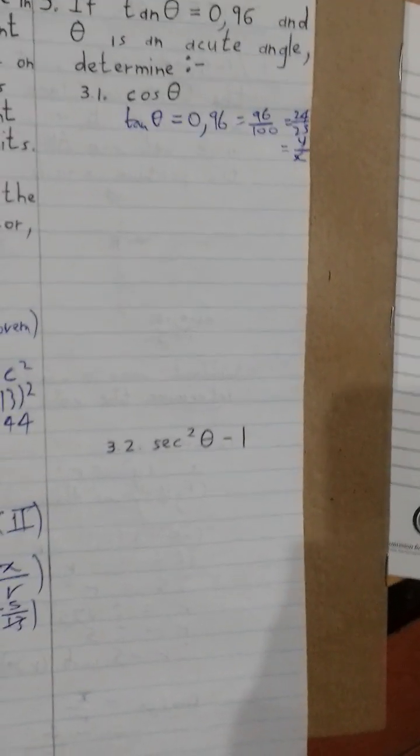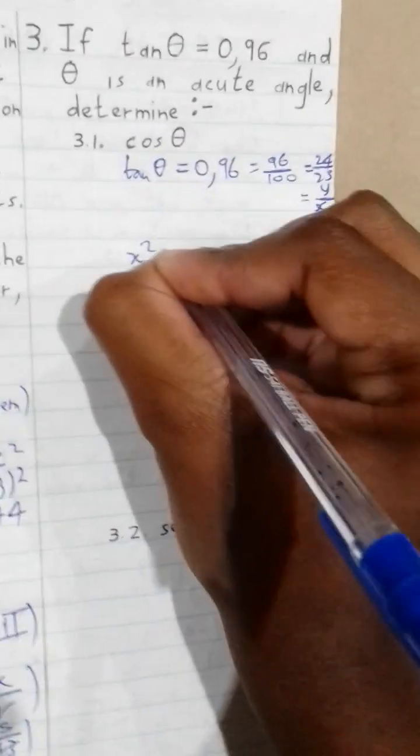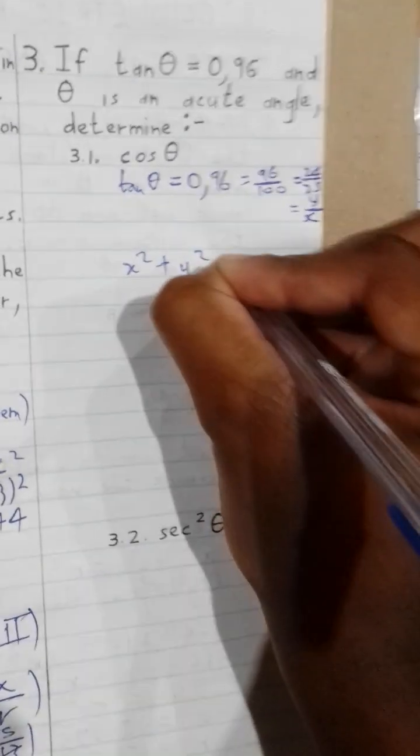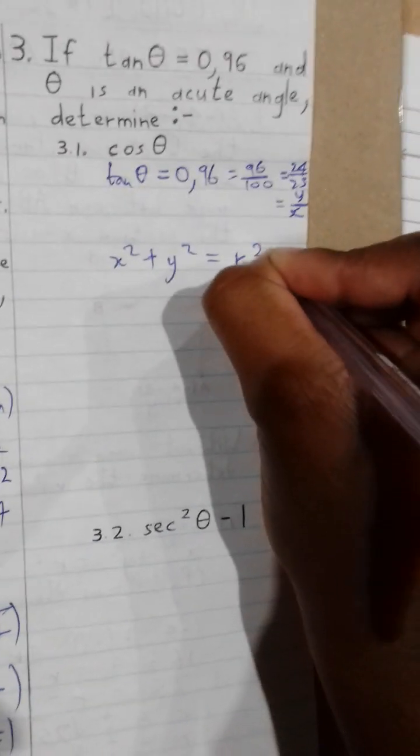We need to determine the value of cos theta. So we need r. x squared plus y squared is equal to r squared.